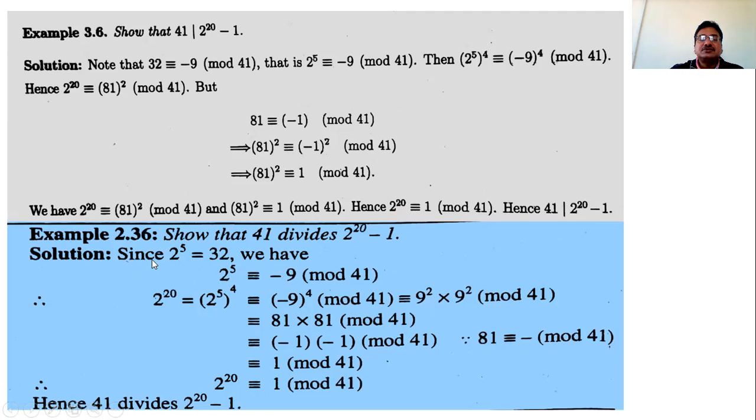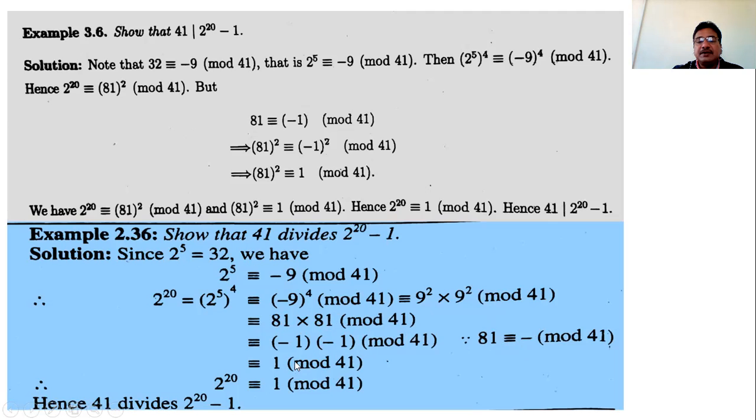Another proof of the same: we start with 2 raised to 5, that is 32, is congruent to minus 9 modulo 41. Then taking the fourth power of both sides, we have 9 squared into 9 squared, 81 into 81. 81 is congruent to minus 1 modulo 41, because 81 plus 1 is 82, and 41 divides it.